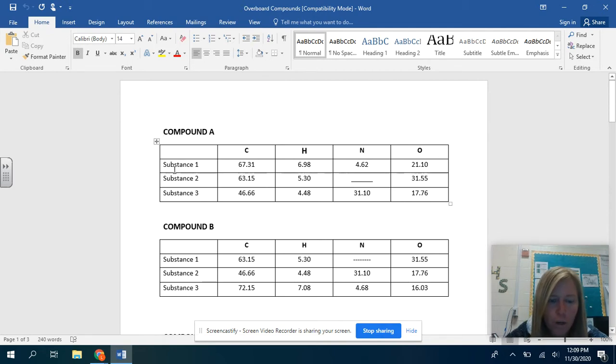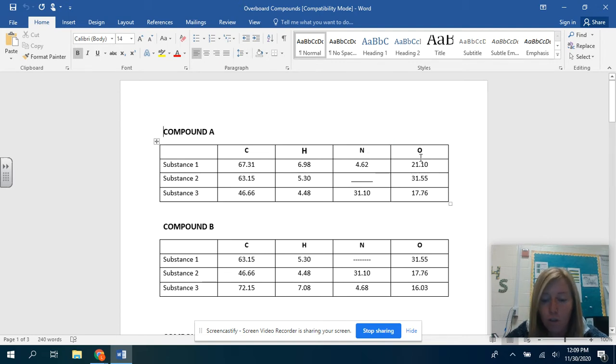So for unknown substance 1, you would start your empirical formula with 67.31 of carbon, and convert it to moles. That's your mass, that's your grams. You'd start with 6.98 grams of hydrogen, 4.62 grams of nitrogen, and 21.10 grams of oxygen.